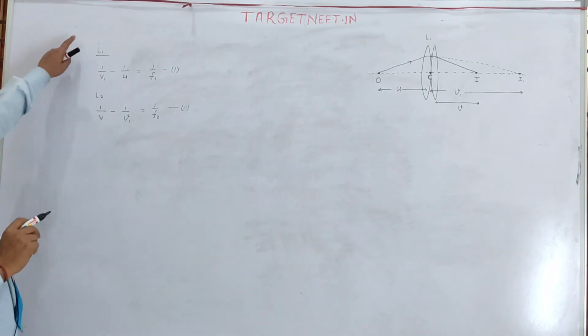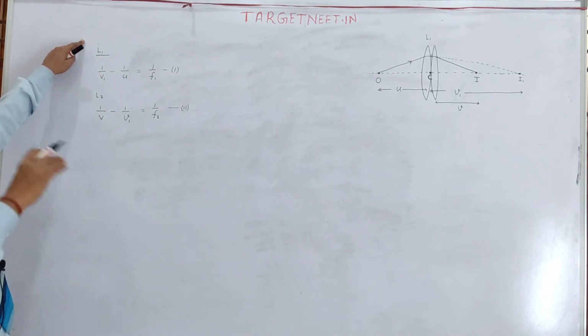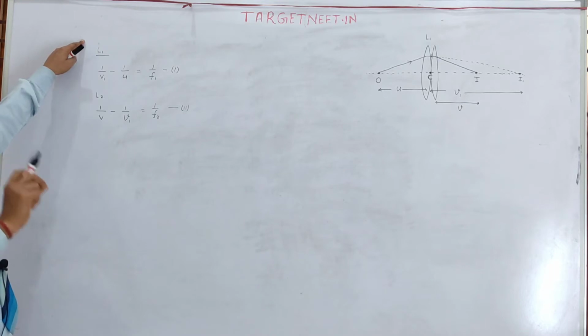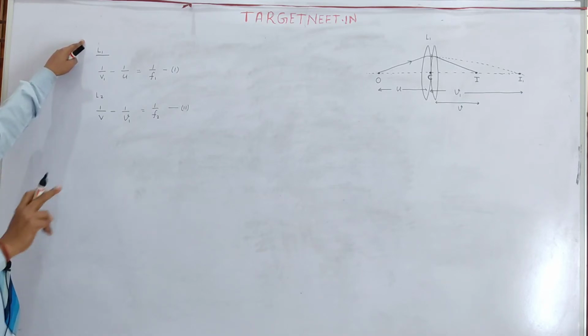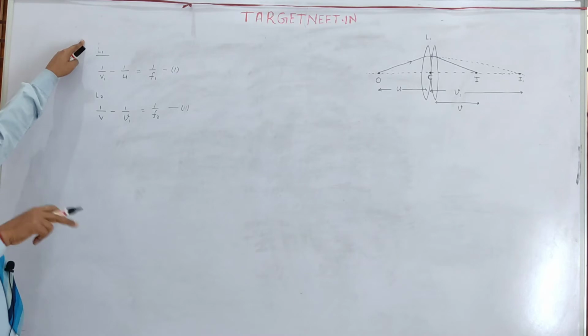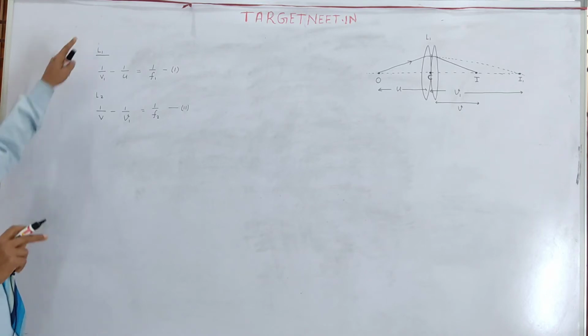Here in theory, you may write first point: both lenses are placed coaxially and both lenses are in contact. Then the image formed by the first lens is I1, which is V1 distance away from the lens. This image formed by the first lens behaves like the object for the second lens, and the image formed by the second lens is I. So that is the final image.